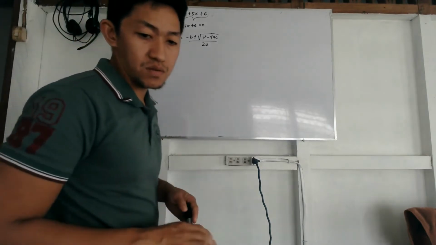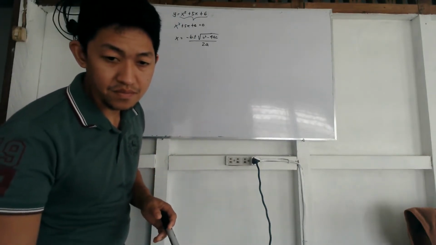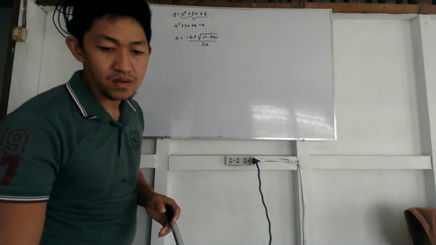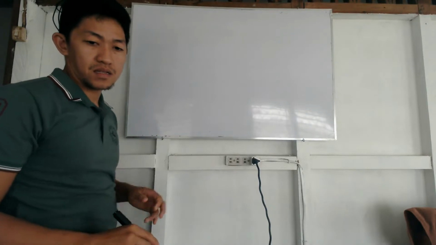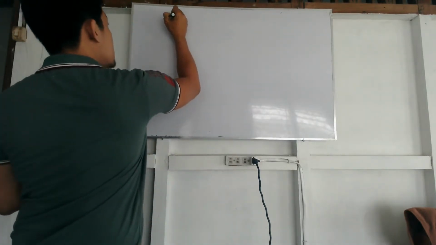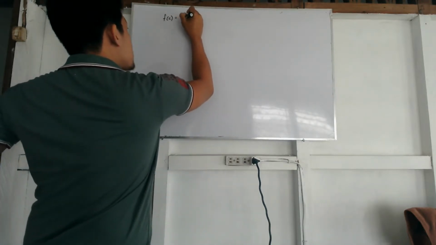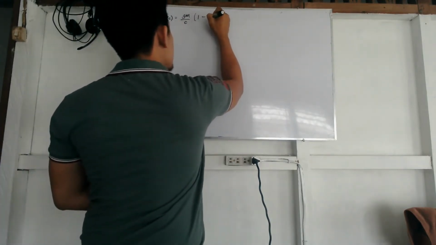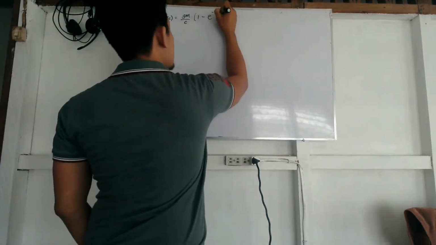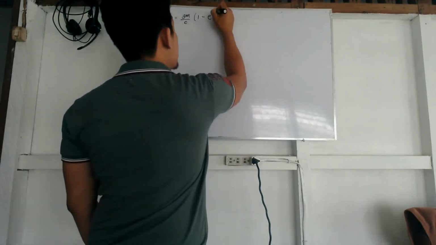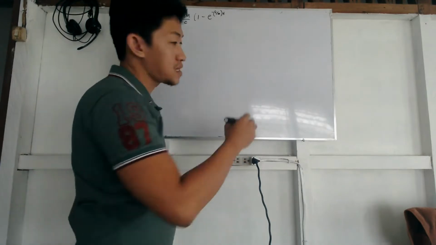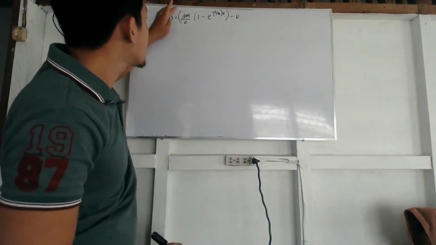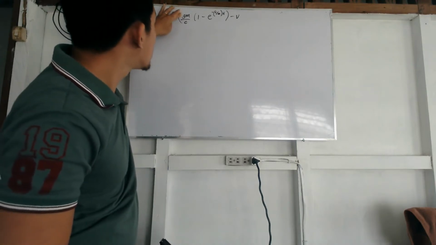One method that you can use, say for example, you're given this equation, f of c is equal to gm over c times 1 minus e to the negative c over m times t, minus v.